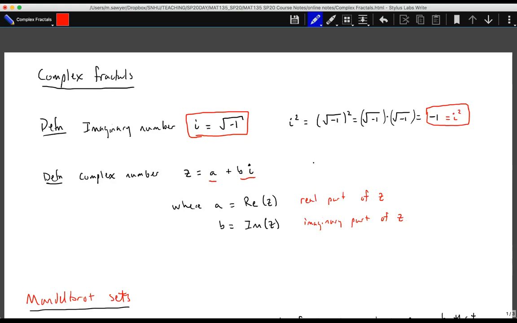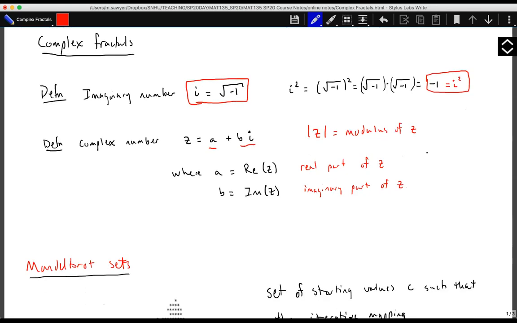And we define the modulus, the size of z, to be the length of the vector that has that distance, a plus bi. So the absolute value of z is what we call the modulus of z. This is like absolute value in real numbers, but now we account for the imaginary component here.